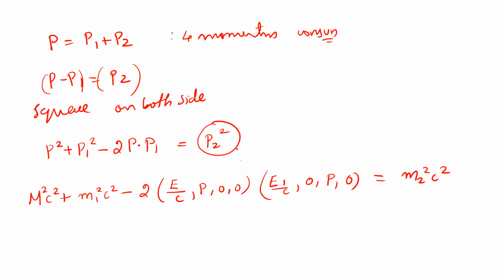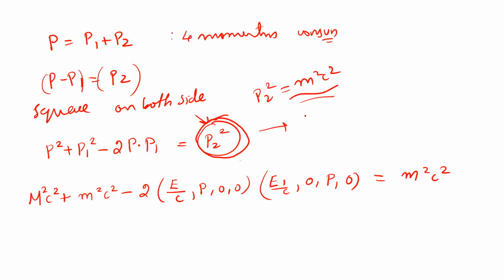They said that the particles are identical, which means that M1 and M2 are the same. What we have done here is isolate the four-momentum P2, and when you square it, you just get M square C square.